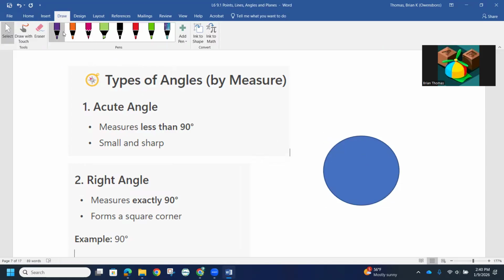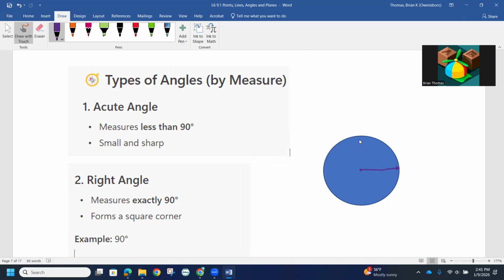So remember, when it comes to angles, you have to have a vertex point. When I draw a circle, that vertex point is actually going to be the center of the circle. So I'm going to call this one side of the angle. Notice that if you go all the way around the circle, if you rotate all the way around the circle, that's going to be 360 degrees.